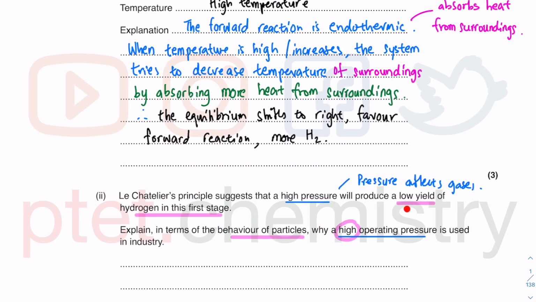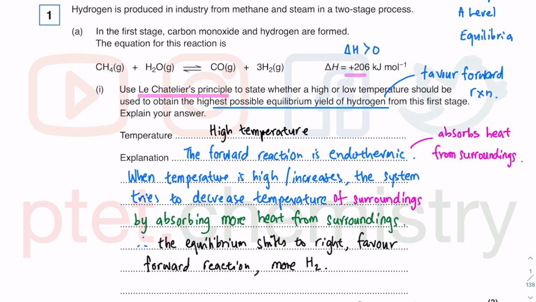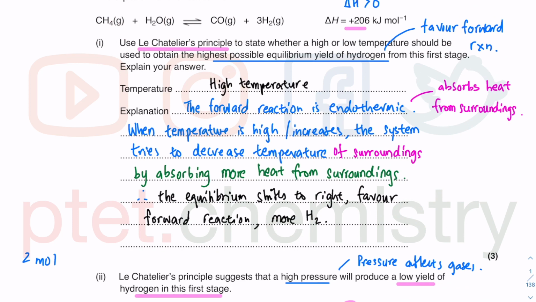So we don't ask about the equilibrium yield, because we can see 1 mole of gas plus 1 mole of gas, that is 2 moles of gas on the left. And how many moles of gas do we have on the right? We have 3 moles and 1 mole of gas, so we have 4 moles of gas on the right.